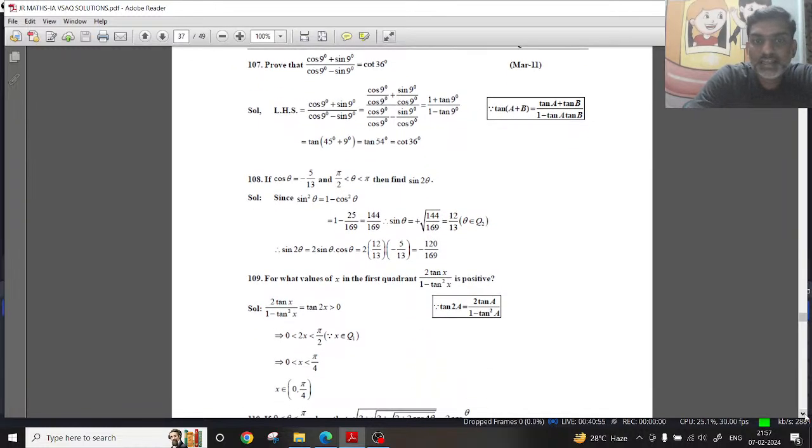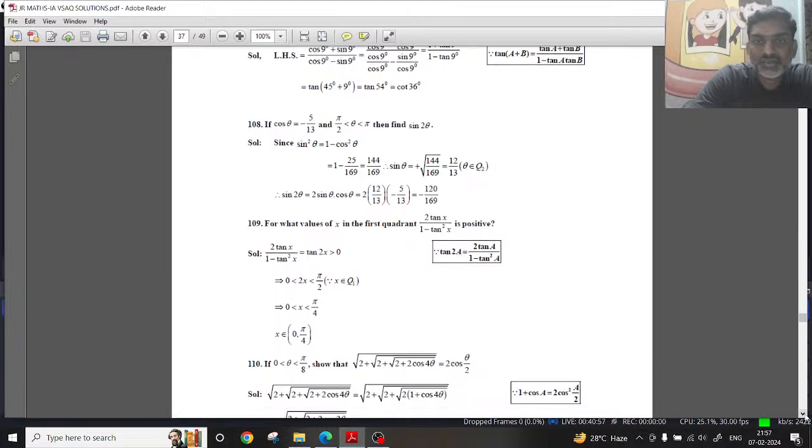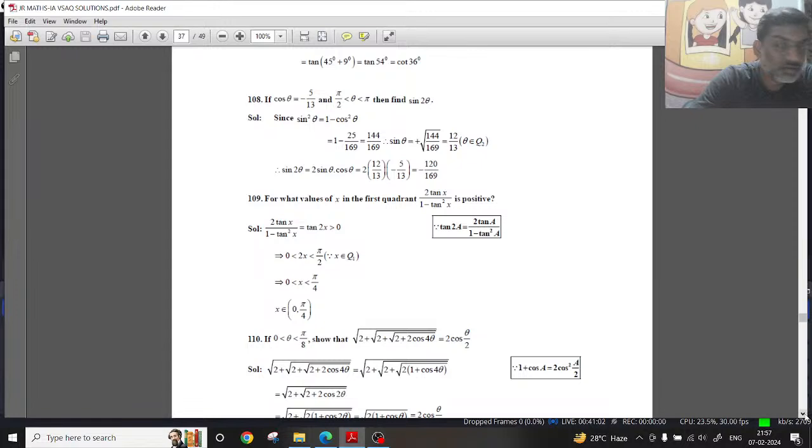for what values of x in the first quadrant is 2 tan x divided by 1 minus tan square x positive? For what values of x, means he is asking us to calculate the x value, but it looks like 2 tan a divided by 1 minus tan square a, that is tan 2a, so it is tan 2x.